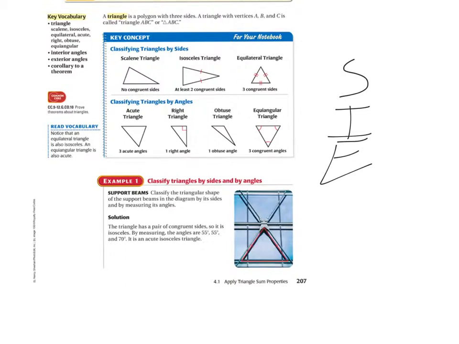So we know that that is an isosceles triangle. You can go in and measure it here, which is what they're asking you to do. When you do that, you'll find out that you have two angles that are 55 degrees and a third angle that is 70 degrees. So again, if you have three acute angles, then that is going to be an acute triangle.